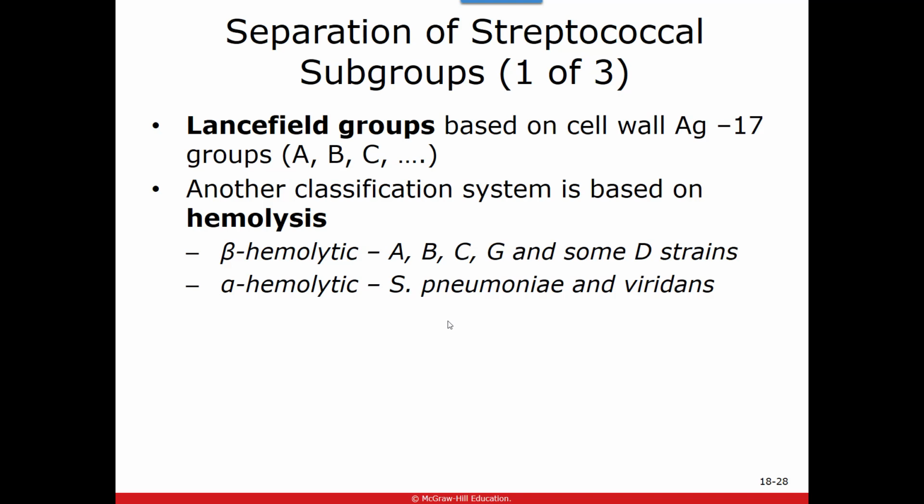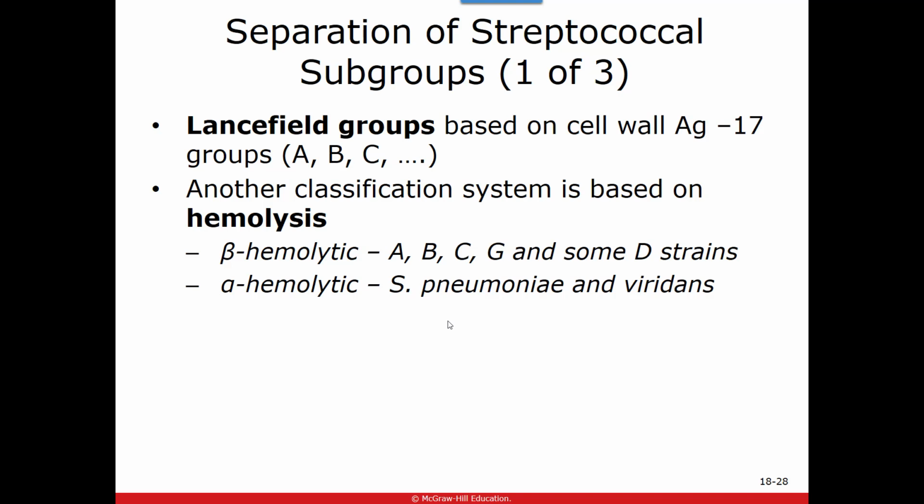Another way to sort out and group all of the Streptococcus bacteria out there is to look at something called hemolysis, which means, lysis means break apart, heme means blood, so it's how the bacteria break apart red blood cells. So in a lab we can put bacteria on plates that have red blood cells in the media, and we can look to see how much they can break those red blood cells down.